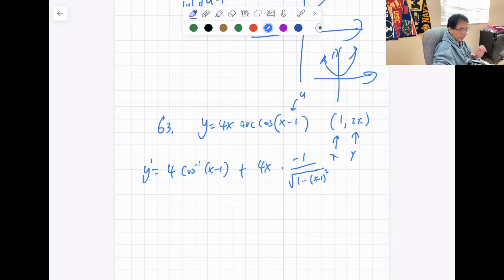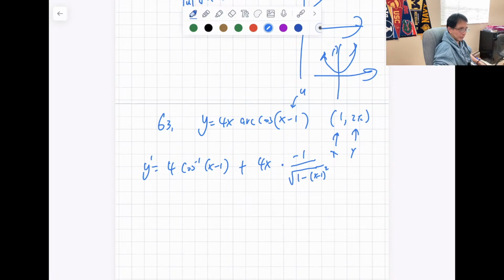Did I do anything wrong? No, you're good. Okay. Because 4x here is a function, and arc cosine of x minus 1 is a function.